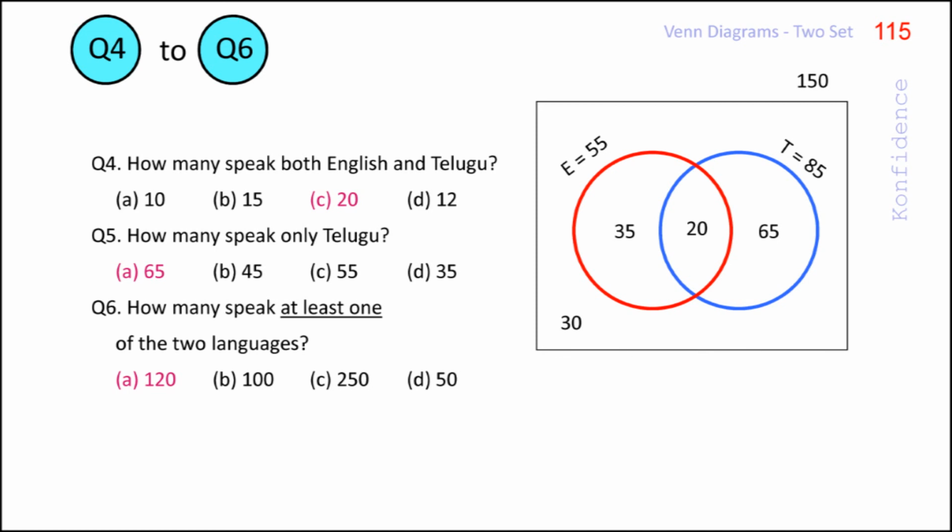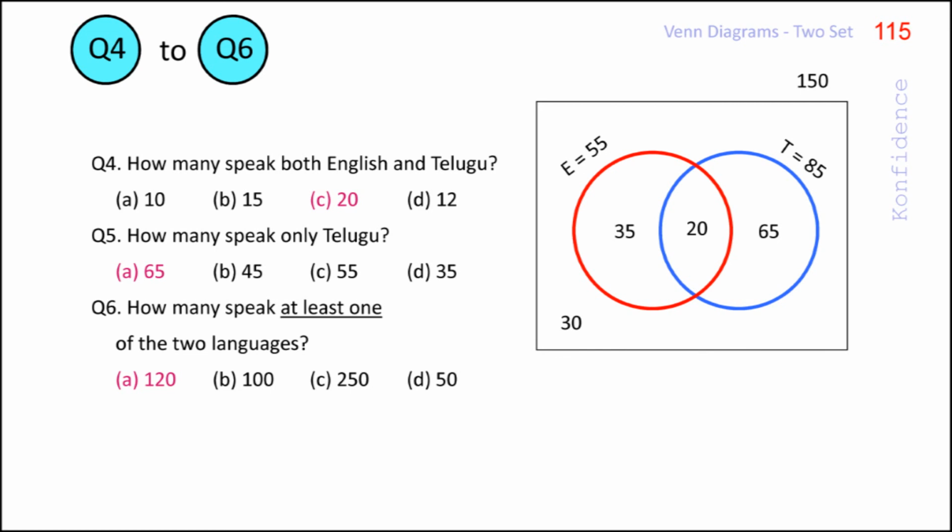In this question, it is the number of people who speak English only plus the number of people who speak Telugu only plus the number of people who speak both the languages. The use of such words as at least and at most are very common in these questions, and special care needs to be taken so that mistakes are not made while answering such questions.